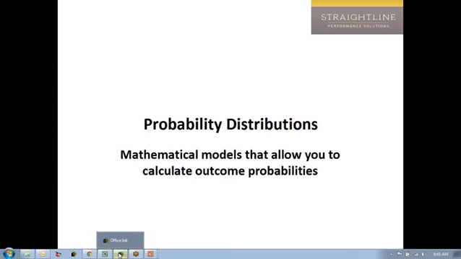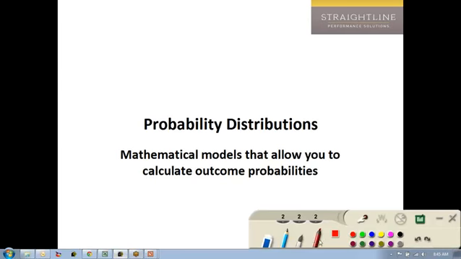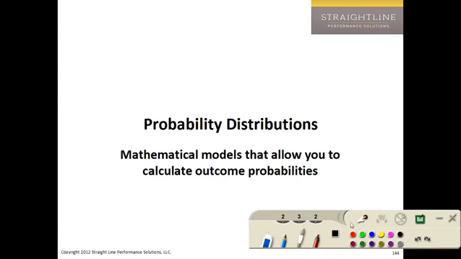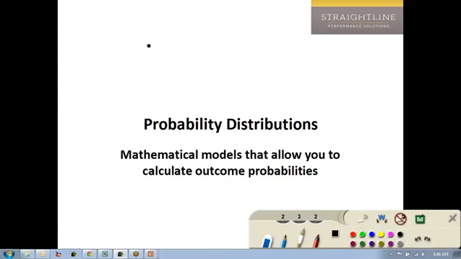Just to give you an idea of what we're talking about here, if we have a particular distribution, let's say we're looking at cycle times and we're trying to do the voice of the customer.